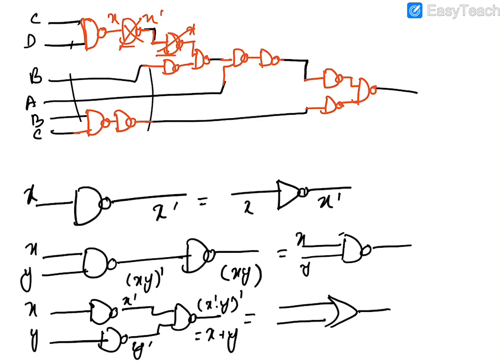And similarly, these NAND gates are also on one line, we can eliminate them, and these NAND gates also. So we will remove these ones.